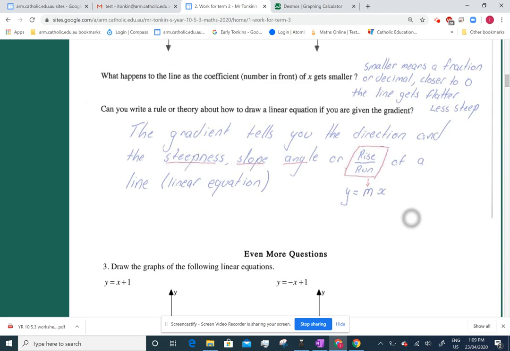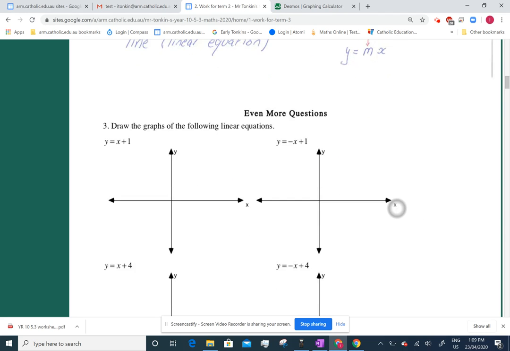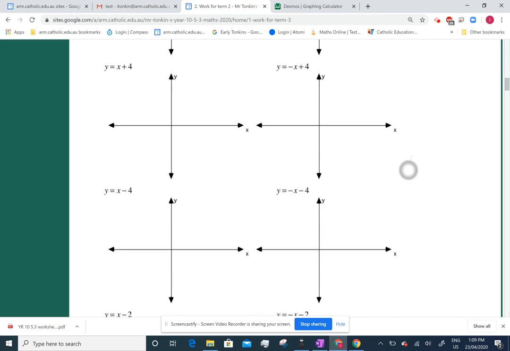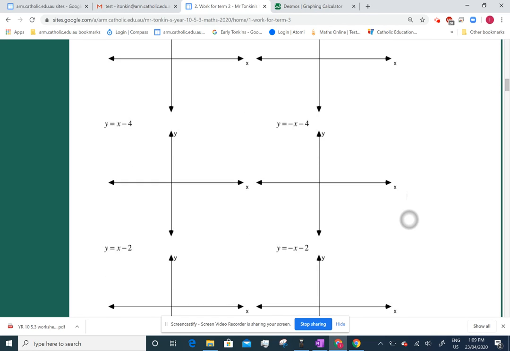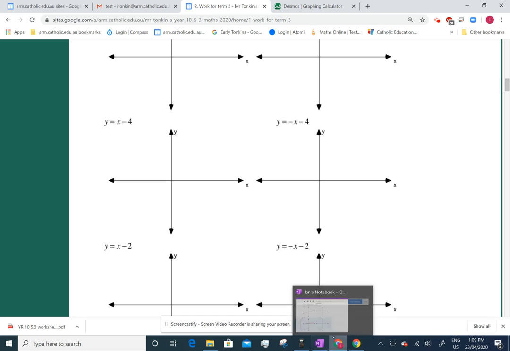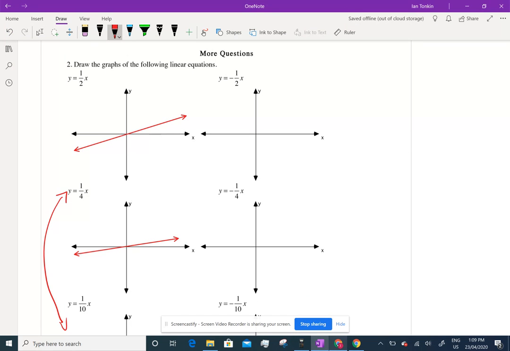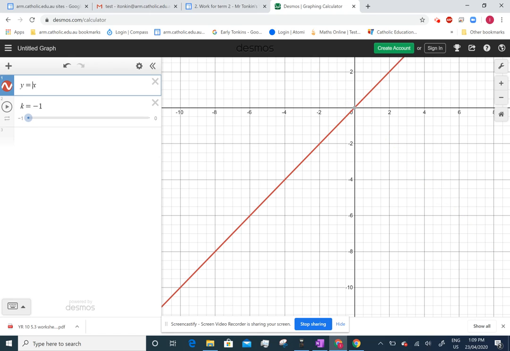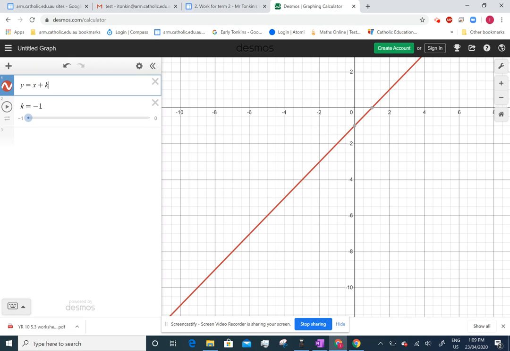Righto. Here now, we've got these ones where we're just going, look on the left-hand side, it's y equals x plus something, y equals x plus something, y equals x minus something, y equals x minus something. So let's go back to Desmos. And we'll line it as y equals x and we'll just add a k.